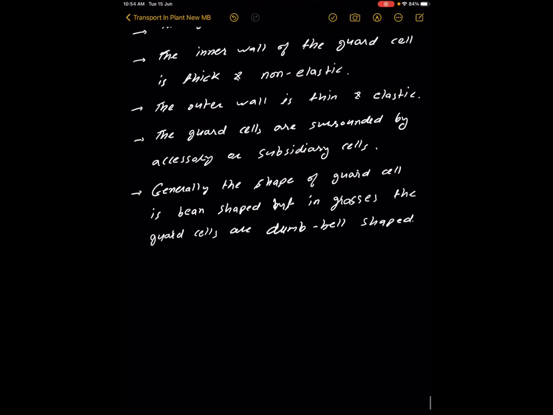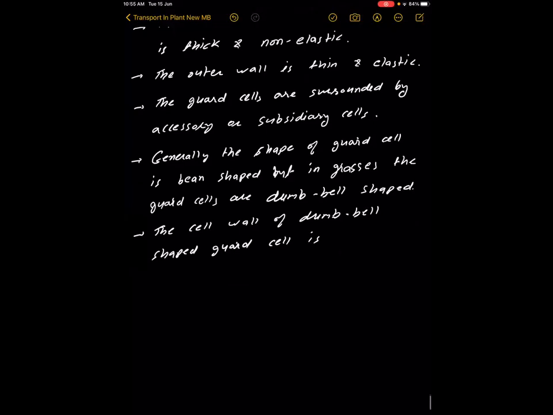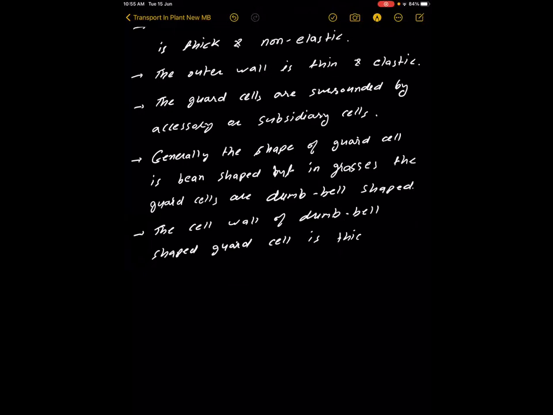The cell wall of the dumbbell shaped guard cell is thickened generally only... Generally, the shape of the guard cell is bean shaped, but in grasses the guard cell shape is dumbbell shaped.